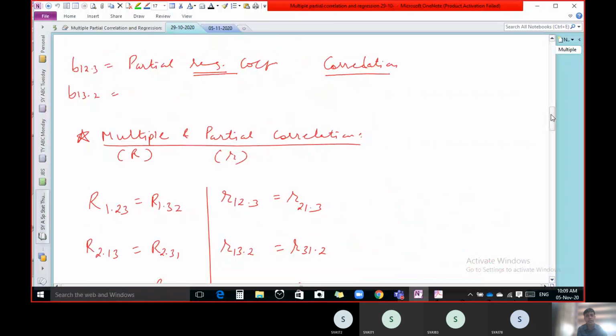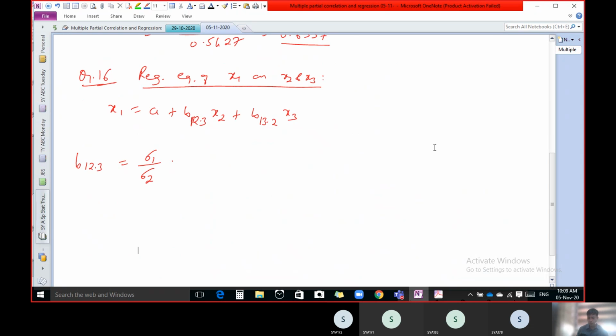We discussed in the last lecture multiple partial correlation, and we already discussed this b12.3, but what is the formula of it? Do you know the formula of byx of simple regression? Any of you? What is the formula of byx?